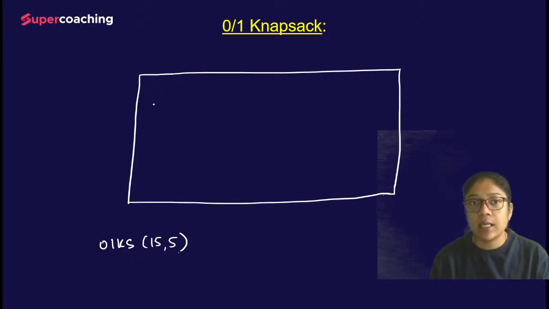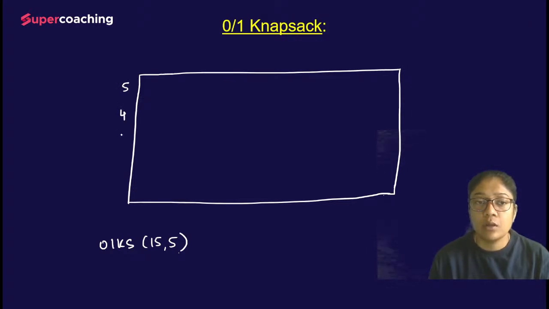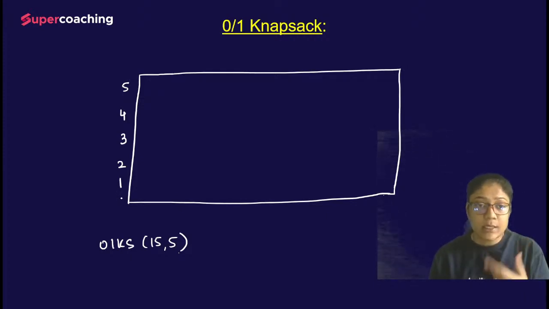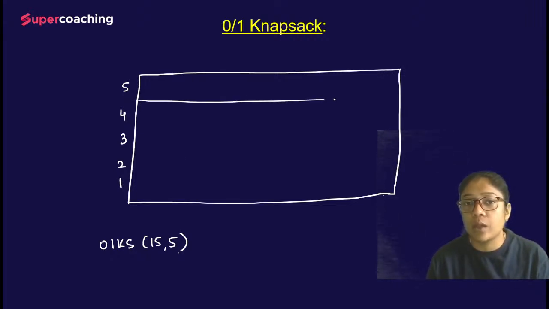If that's the case, maximum capacity is 15 and number of objects are 5. So I'm taking here 5, 4, 3, 2, 1. 0 के लिए लिखने की जरूरत नहीं है, but if you want to add here 0 तो आप लिख सकते हो. Otherwise directly you could have said अगर 0 है तो it will be returning the value 0. Okay, these will be the levels.